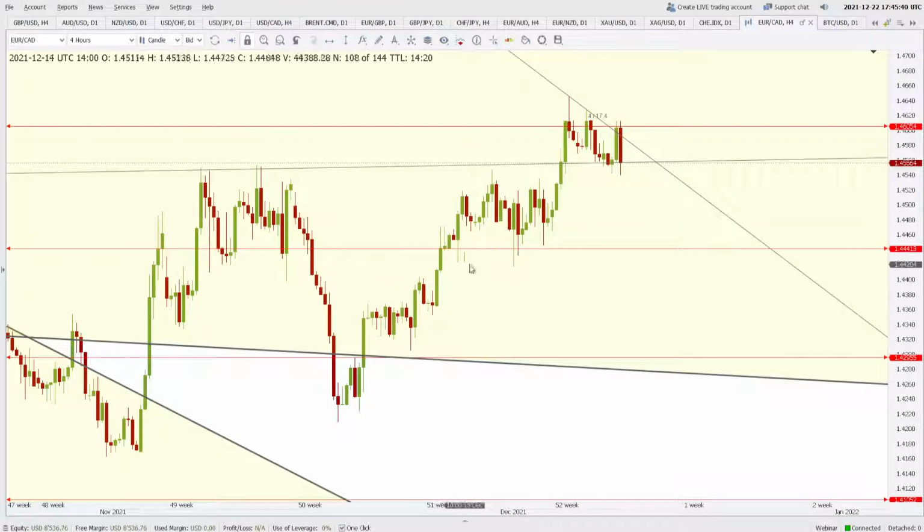If sellers can take these buyers out of the market by giving us a close below 1.4441, then 1.4295 will be exposed, because these buyers will be out of the market and the sellers will join, because their confidence will be high, as the bear side has been able to push the prices below the buyers' area. I hope you got it.